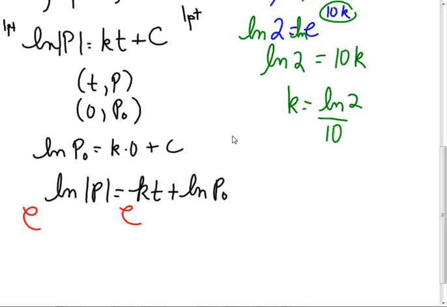Let me do that. Okay, so now P is positive, so I can ignore the absolute value. So it's e to the kt plus the log. It's hard, isn't it? I can do it. You can maybe do it better than me.